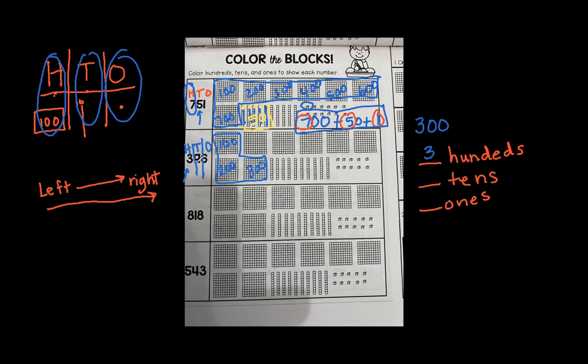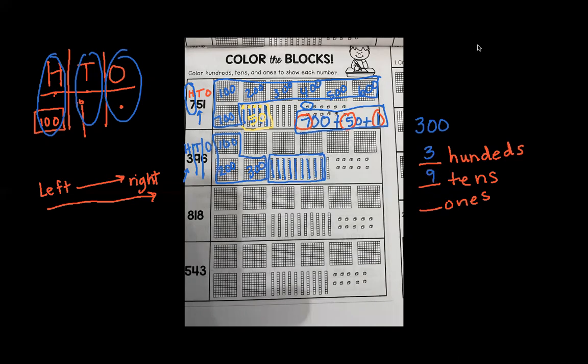The next digit is 9. The 9 is in the tens place. 1 ten, 2 tens, 3 tens, 4 tens, 5 tens, 6 tens, 7 tens, 8 tens, 9 tens. There are 9 of them. 9 tens.